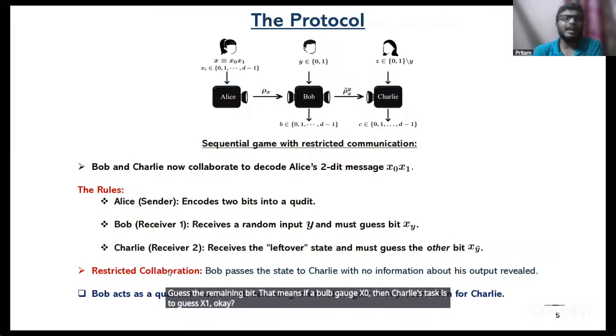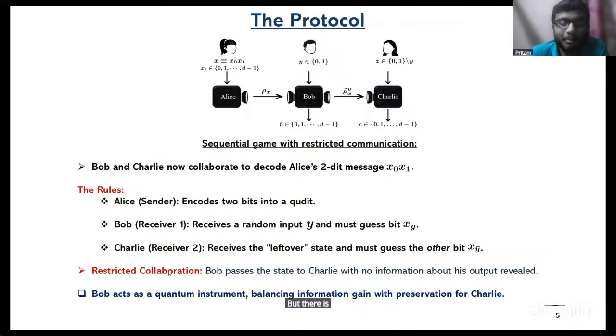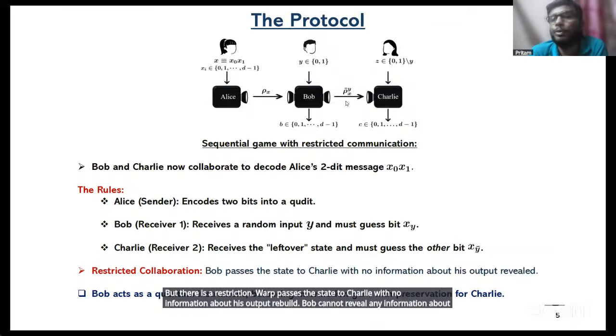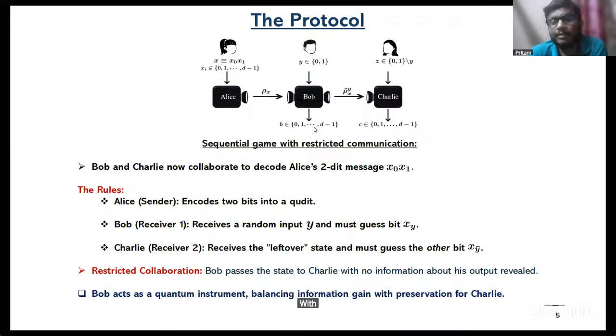Okay, but there is a restriction. Bob passes the state to Charlie with no information about his output revealed. Bob cannot reveal any information about his output. So you can see that Bob acts as a quantum instrument, balancing the information gain with the preservation for Charlie.